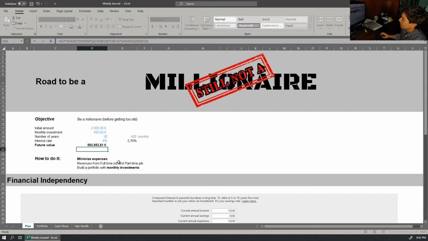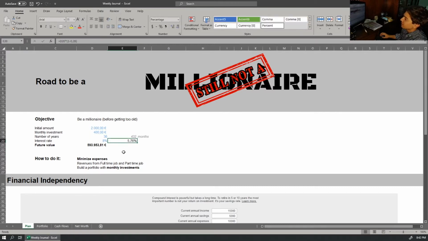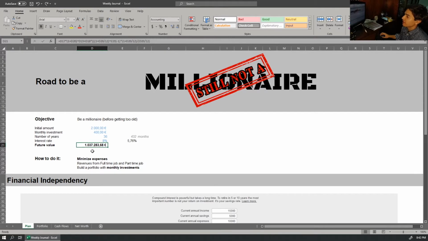And you can see the difference of taxes is quite significant. If you remember, previously I had 1.037 million, and afterwards I end up with not even 600 thousand euros.